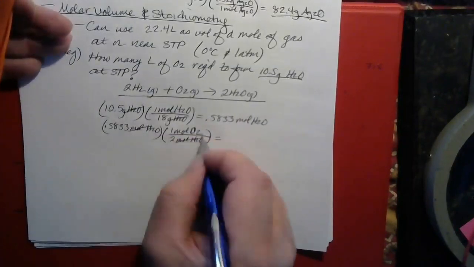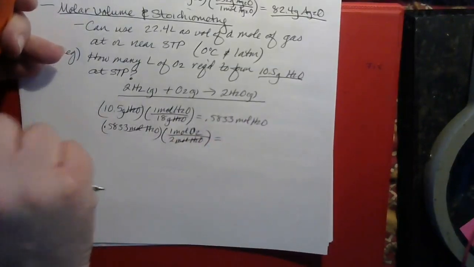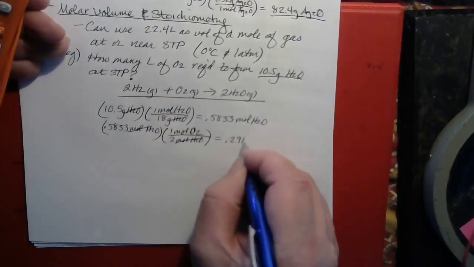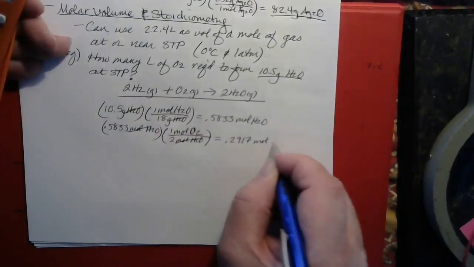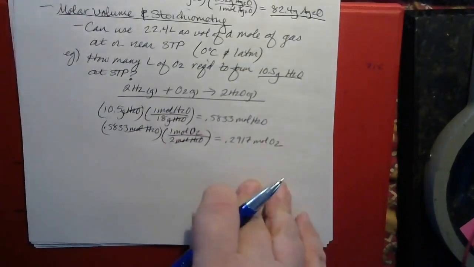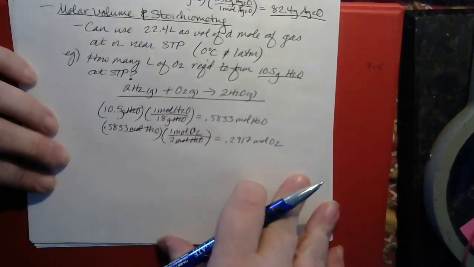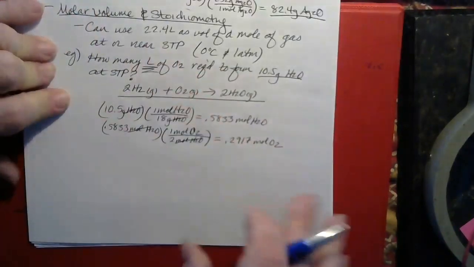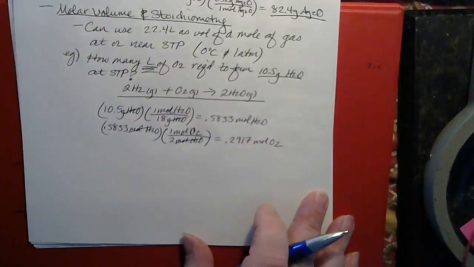So moles of H2O cancel, and this divided by 2 is 0.2917 moles of O2. And it was what volume, not how many grams of oxygen, but what volume.